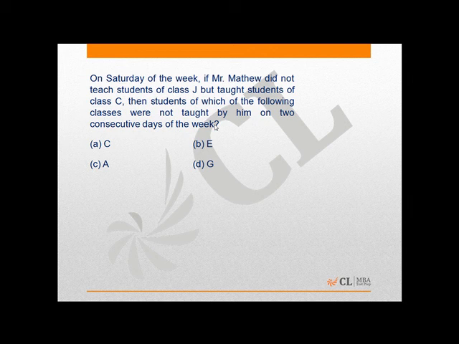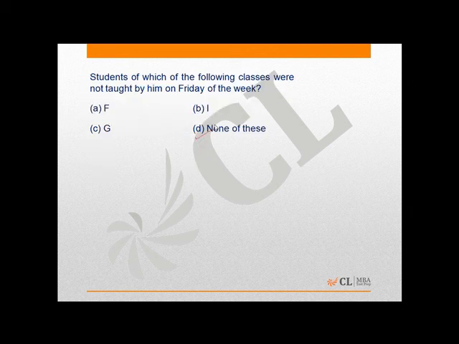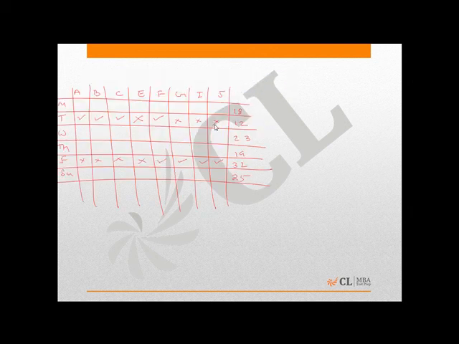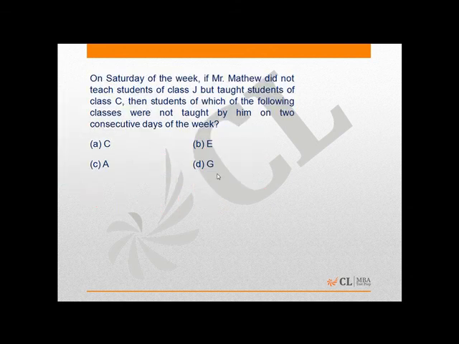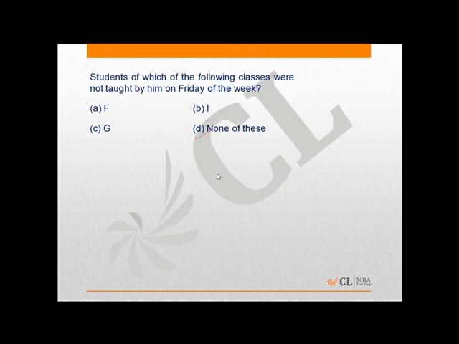Third question is a conditional question where he says, on Saturday of the week, if Mr. Matthew did not teach students of class J, that means Saturday at J I have to put a cross, okay, but taught students of class C, that means at C I have to put a tick, okay.